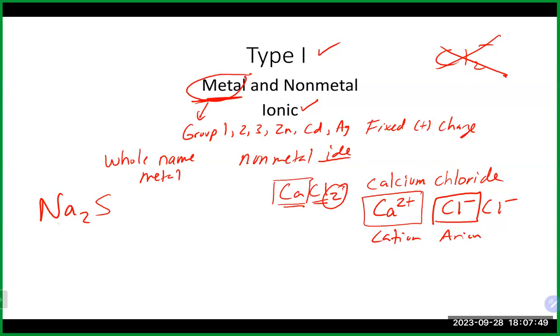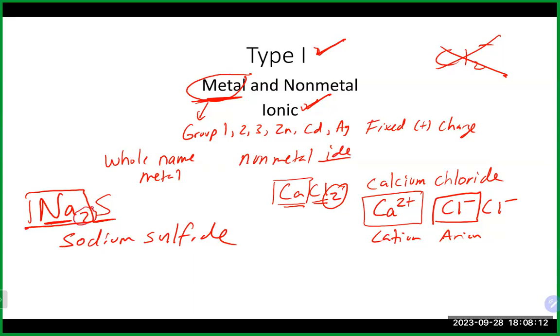So once again, if we look at this, we've got sodium, which is a metal, and sulfur, which is a non-metal. So again, that tells us it's ionic. We look at our sodium here, which is group 1, which tells us it has a fixed charge, which is type 1, and that's all we need. We're going to go with sodium and then give the IDE treatment to sulfur, and we end up with sodium sulfide.